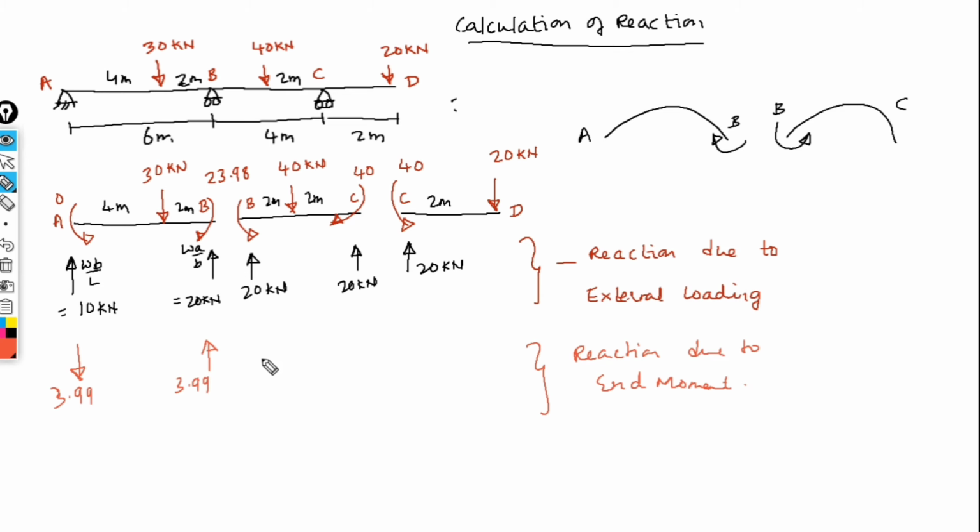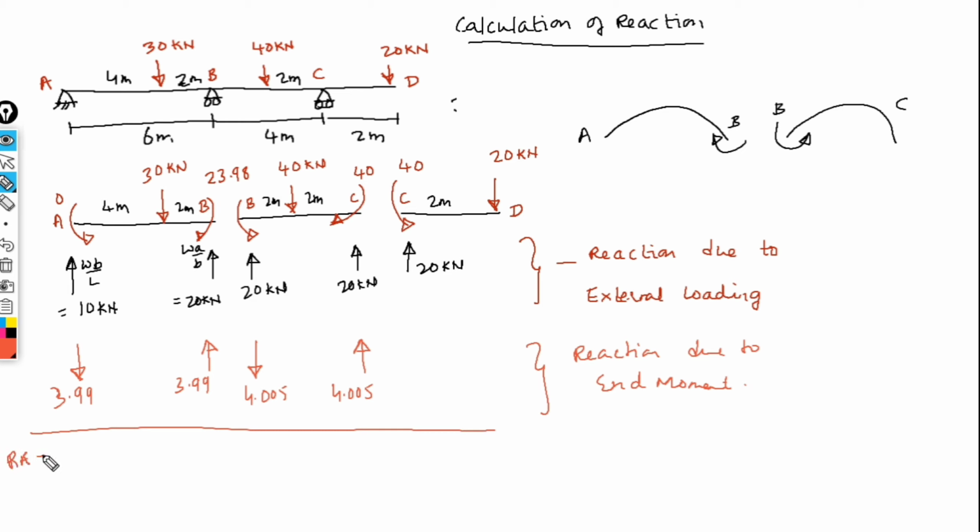It is clockwise. The reaction will be anti-clockwise. The magnitude is the difference of moment, 40 minus 23.98, divided by span 4. So you will get 4.005. You see 20 is already balanced. We don't have to see here. It is already balanced.